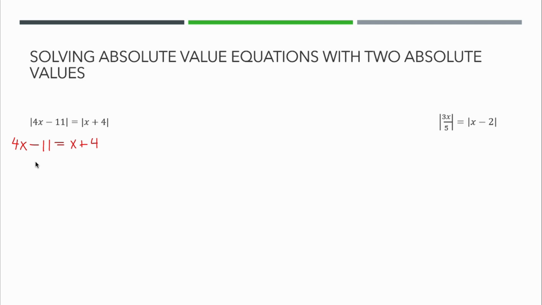So I'm going to add 11 to both sides and subtract x from both sides as well. So this results in 3x is equal to 15, divided by 3, and we get x is equal to 5.